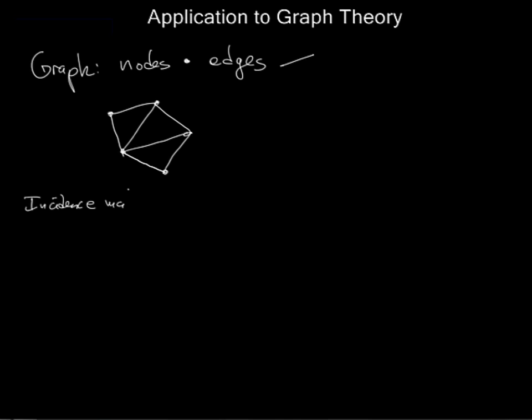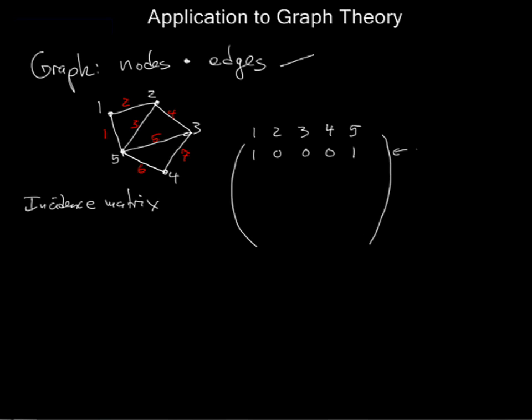And associated to a graph is an important matrix called an incidence matrix. So you label the nodes 1 through 5, and you label the edges, and you make a matrix where the number of columns is the number of nodes, and it has one row for each edge, and in a given edge you label the two corresponding nodes.